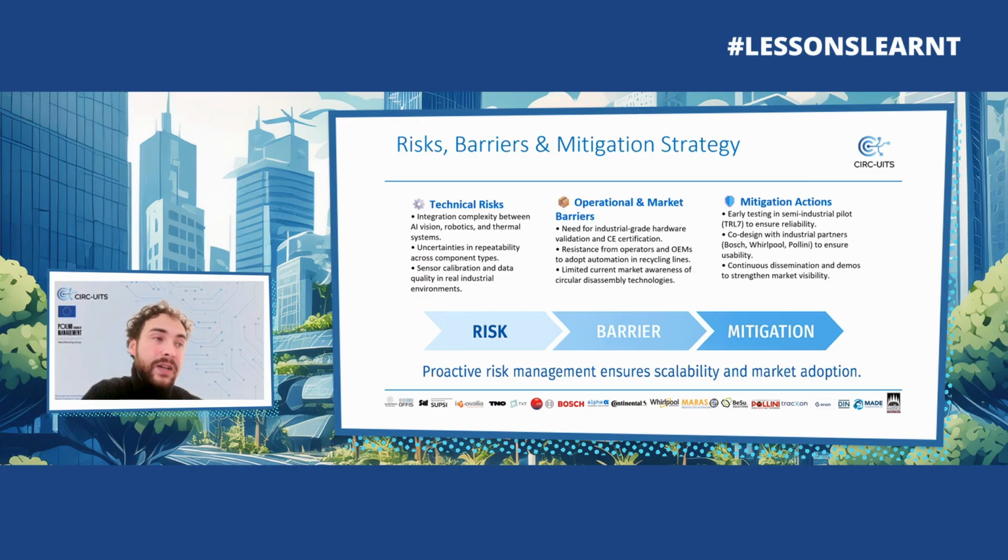So there is also a sort of cultural barrier that we have to overcome. Even if we are well aware of this, we know that we can adopt some mitigation actions. The context of a European project, where we can directly work with OEMs and co-design solutions, is one of the best places where we can also demonstrate that we are effective in what we are doing.